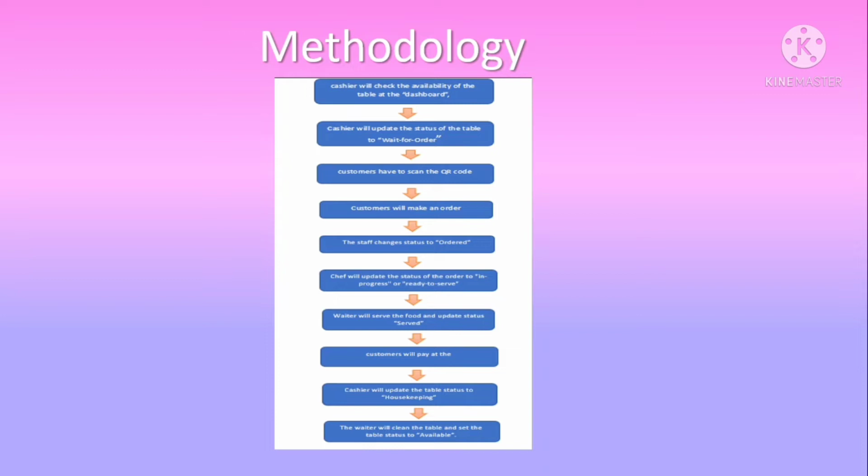Next, the waiter will serve the food and update the status to served. After the customer pays, the cashier will update the status of the table to housekeeping. And for the last one, the waiter will clean the table and set the table status to available.